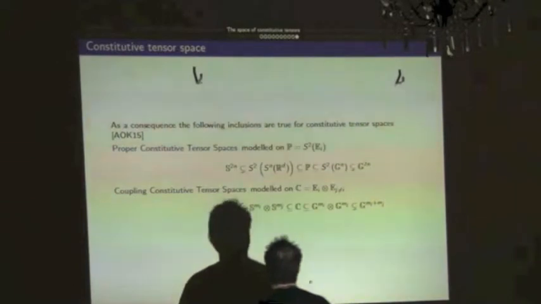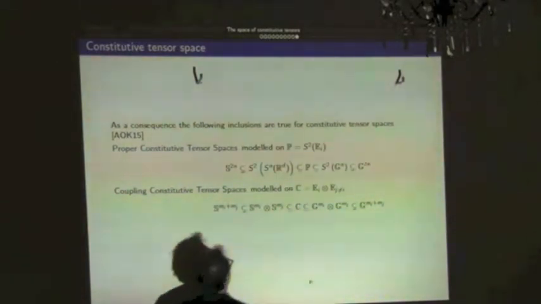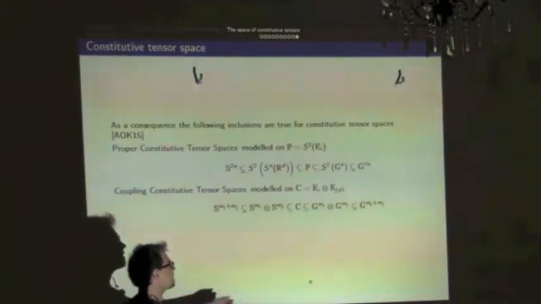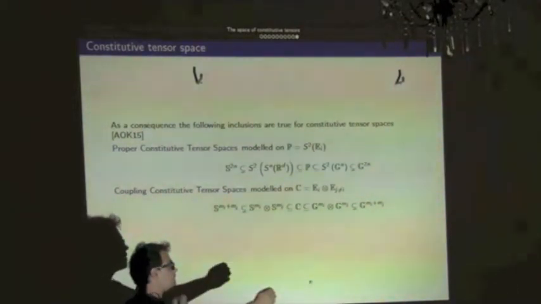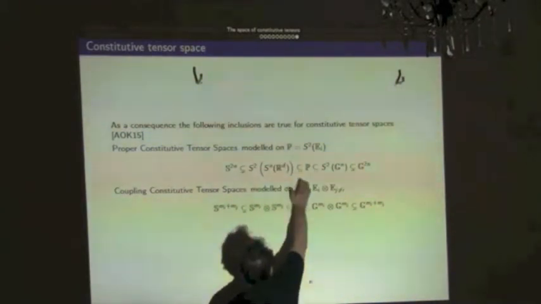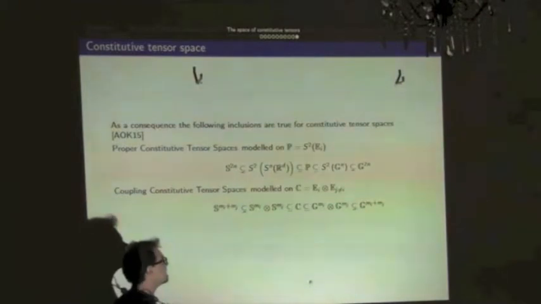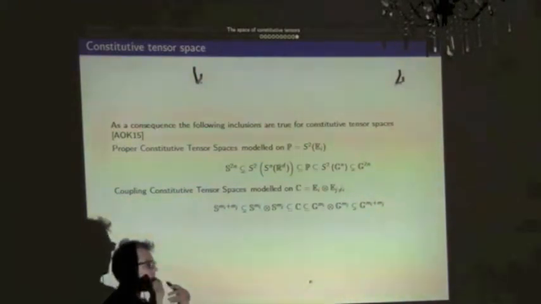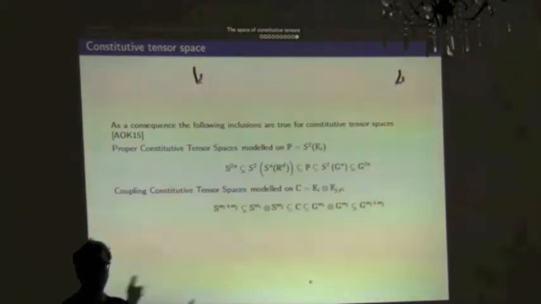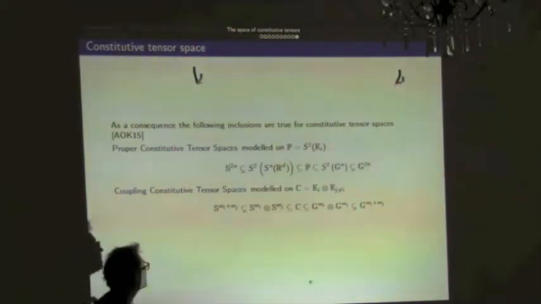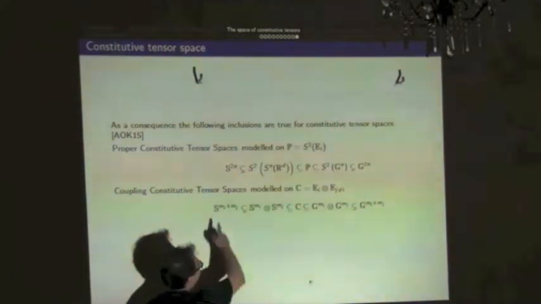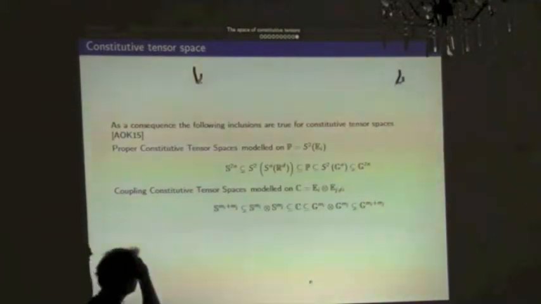I know that any proper constitutive tensor, so tensors that link the primal and the dual of the same physics, must verify this identity. An arbitrary tensor space cannot model a constitutive tensor. You should have some kind of restriction. And structural restrictions are given by this formula.